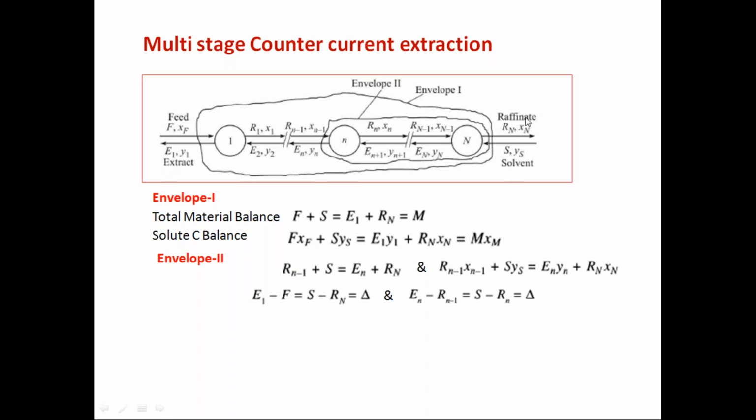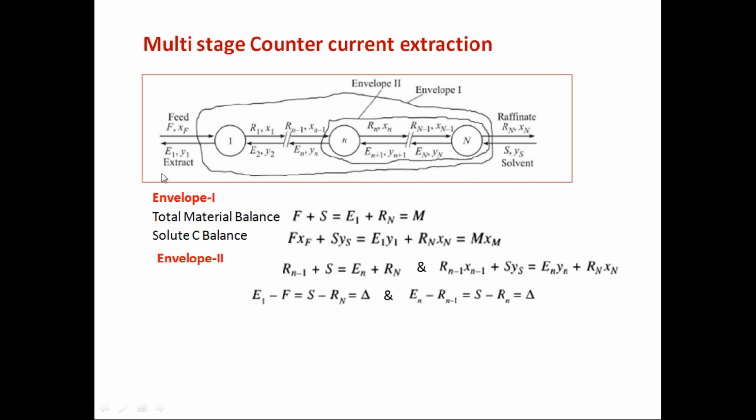And the feed which is coming out from the last stage, that is called nth stage, will have Rn and Xn. So Xn value after getting removed of the solute will become very less. And similarly, Ys, the solvent will have very low concentration, and in certain cases this Ys may be 0. So this is the low solute concentration end.